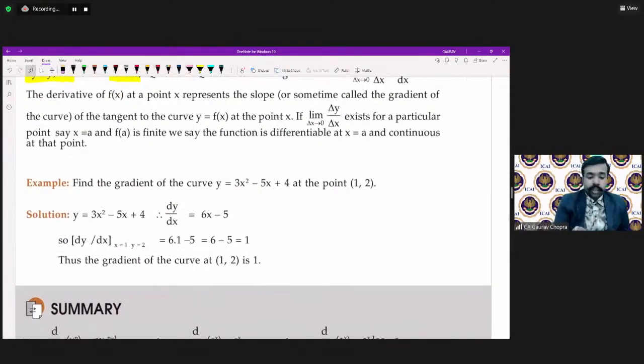Find the gradient of the curve y is equal to 3x square minus 5x plus 4 at the point 1, 2. So whenever we have to find out the gradient, the first step is to find the derivative, and after that, we will substitute the value.